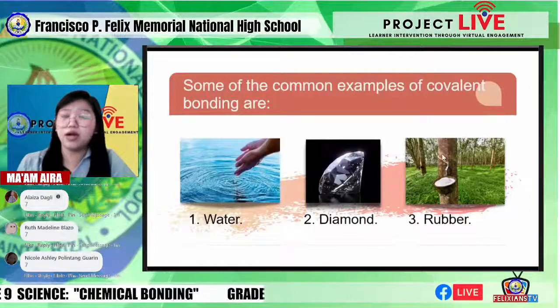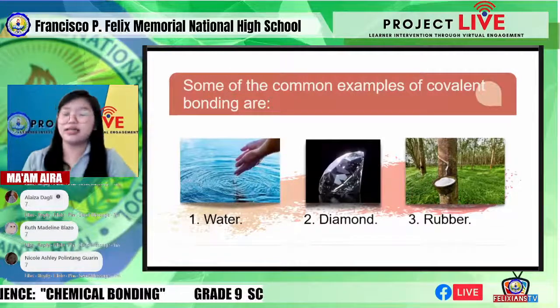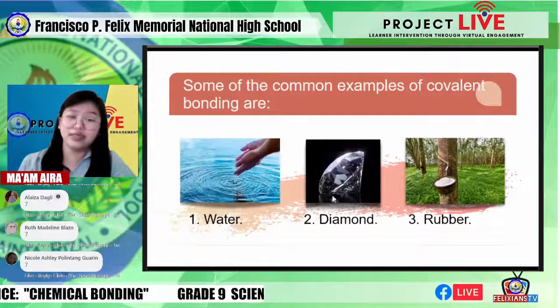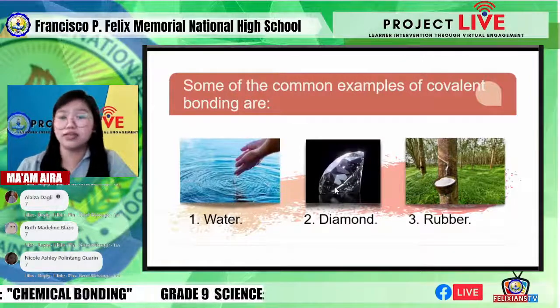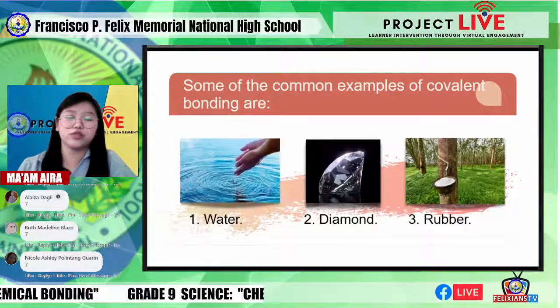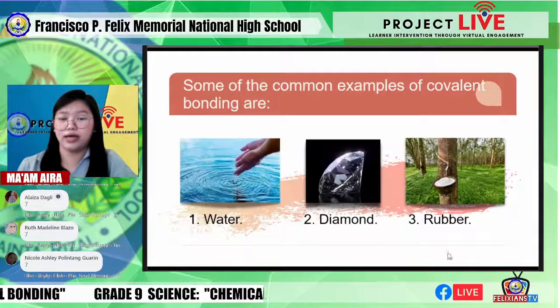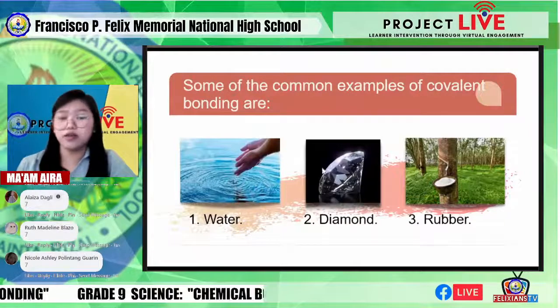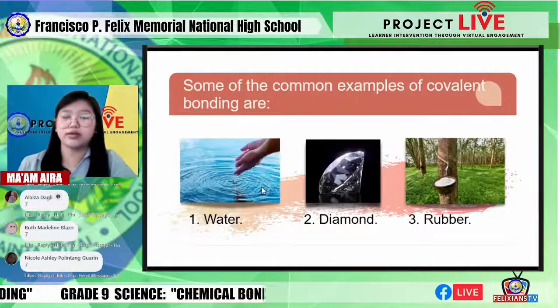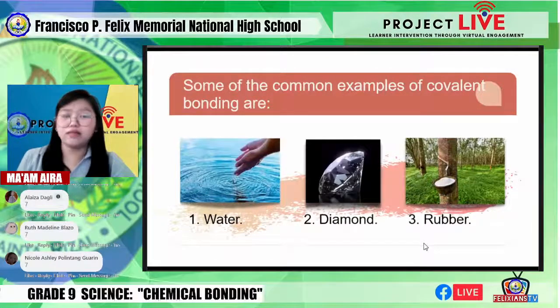And yung mga rubber, for manufacturing purposes, nakikita din natin yung uses of rubber. And of course, diamond, this is one of the hardest substances in the world. Usually for luxury or jewelry, we are using them. Okay, so these are, again, some of the applications or uses of a covalent compound.